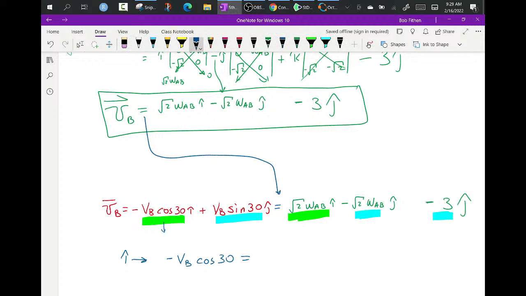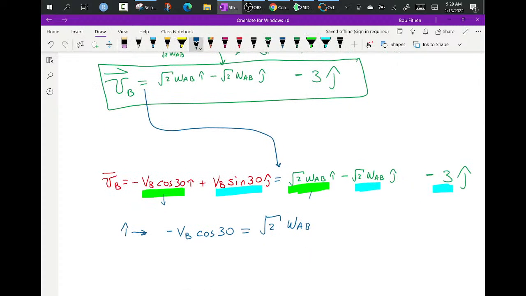Equals to the green over here, which is square root of 2. We'll get AB for the J component. I get the blue, and the blue here. Equals to minus square root of 2 AB minus 3.